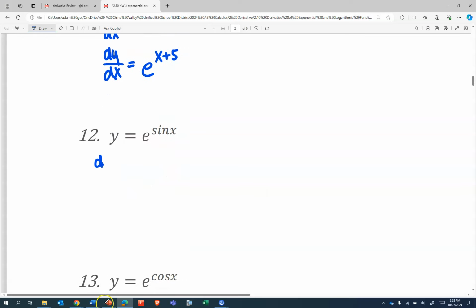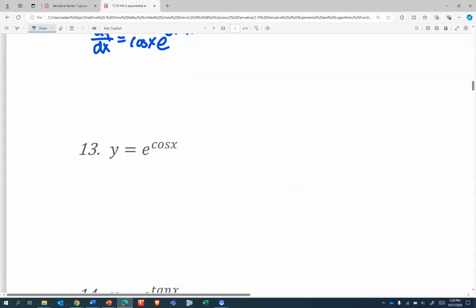Okay, so e to the power sine of x is going to have a derivative. Let's leave some room out front. E to the power sine of x times the derivative of sine of x. Let's put that out front, cosine of x. The derivative of e to the power cosine x is going to be e to the power cosine of x times the derivative of cosine, negative sine.